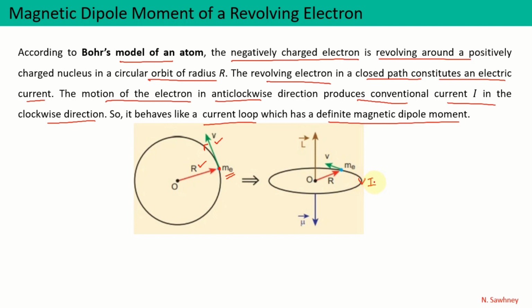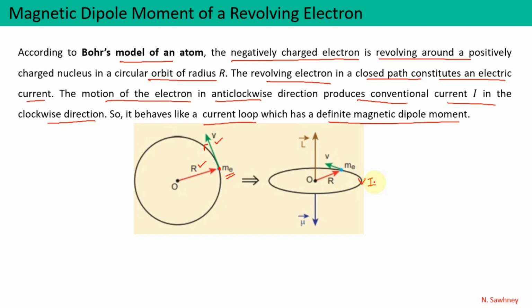So we can say that as the electron is revolving around the nucleus, it is moving in a circle, or you can say that the charge is moving in a circle. So it is equivalent to a current flowing in the loop, as we have just seen.